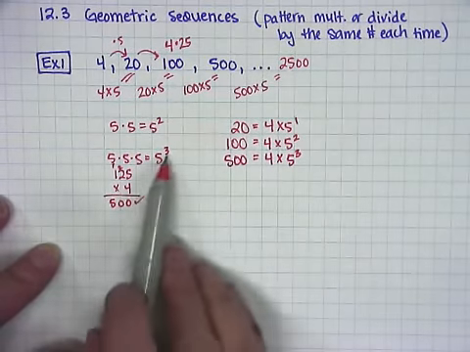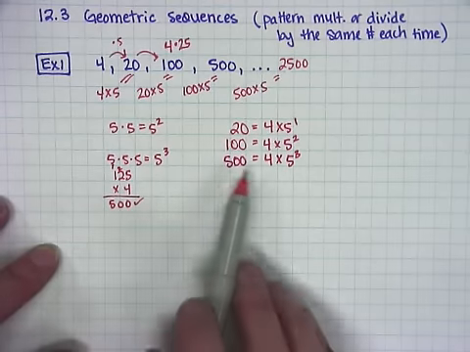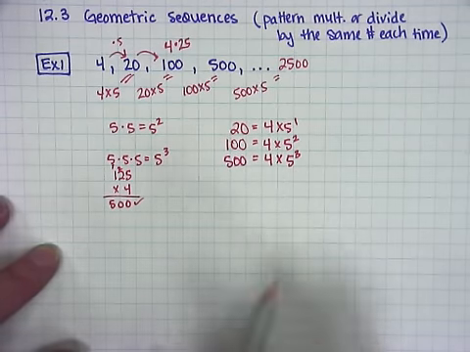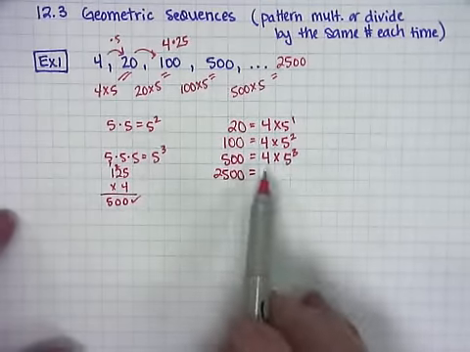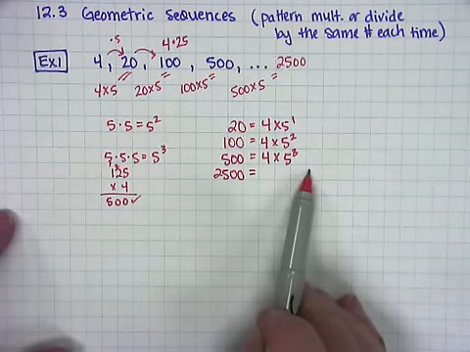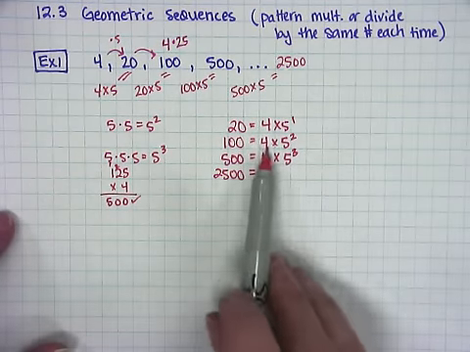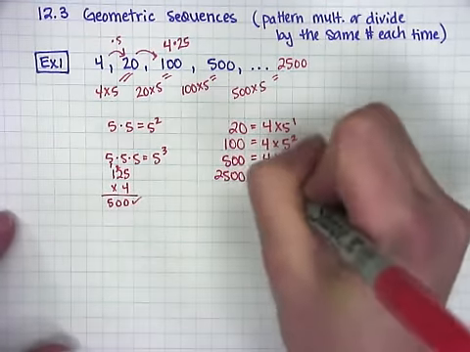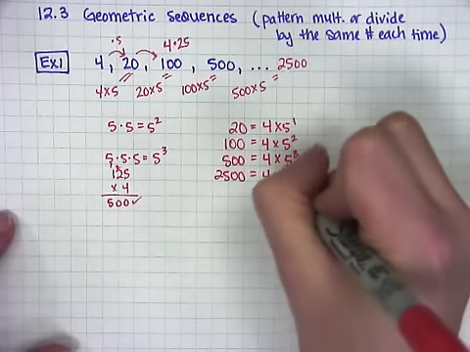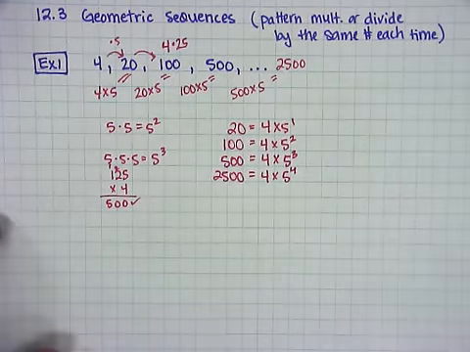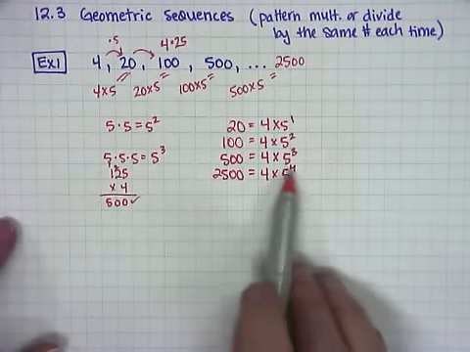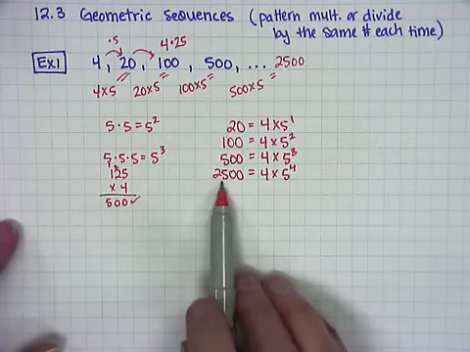So 5 cubed, which is 125, times 4 really does equal 500. Okay. So then 2500, if we were following this same pattern, what would you expect to go right here? Well, I'm noticing that every single time there's a 4, and there's always a 5, right? And I would expect the power to be to the 4th. And you could check that on your calculator, and sure enough, if you multiplied this out, you would get 2500.